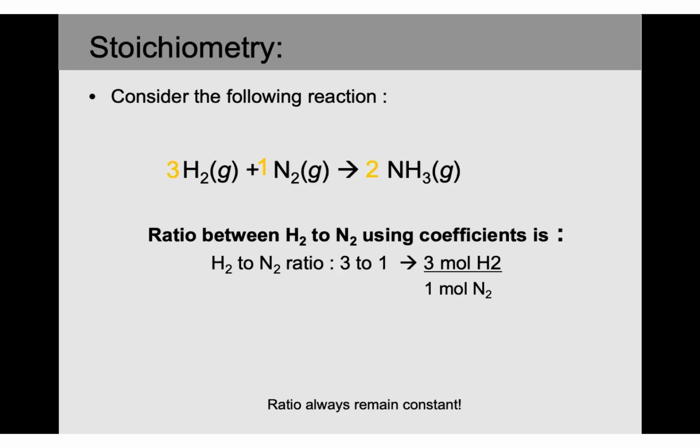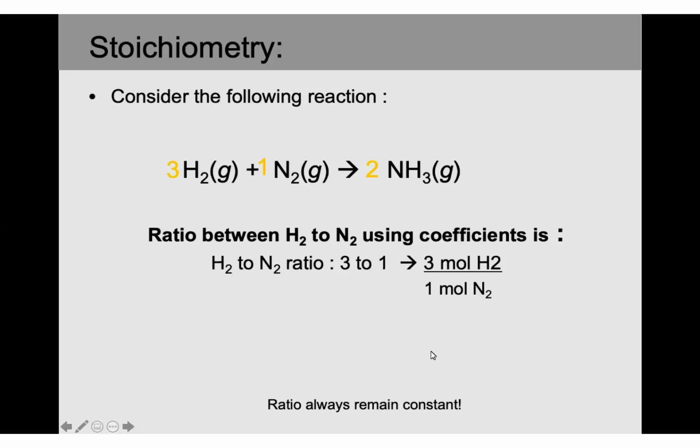For example, if your friend has 9 breads and you have 3 breads, you say, okay, you have 3 times more bread than me. So it's just the relationship between them. You just say that I have 3 times more H2 compared to N2 in this equation, and it always stays the same.